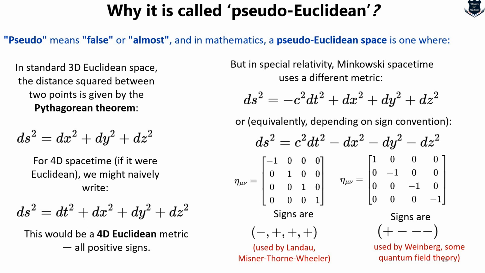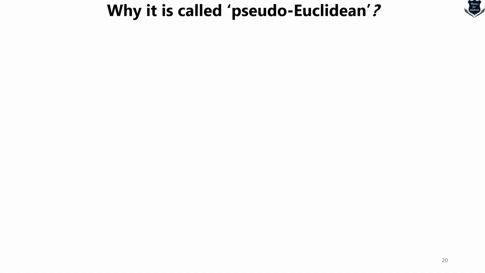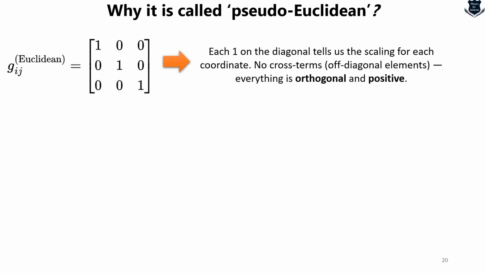So this is the Euclidean space, and then the Minkowski metric. But remember, both of these are right. So I have put a green tick over that. Both of them are right. It is a matter of convention. So if I take g_ij, for example, if it is Euclidean, then each one on the diagonal tells us the scaling for each coordinate.